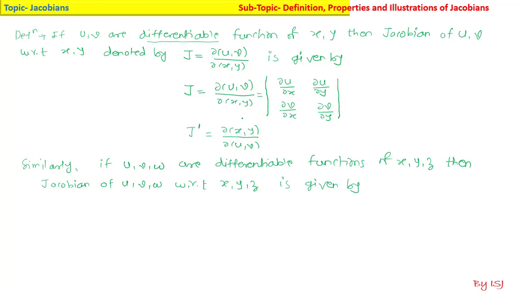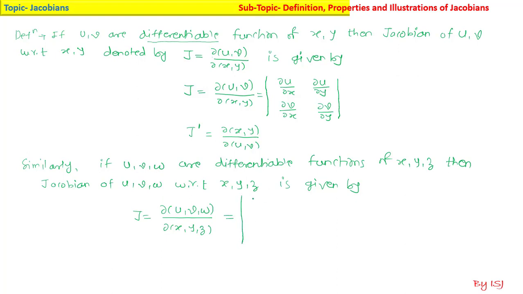Now obviously, if u, v in terms of x, y is a 2 by 2 determinant, here we have u, v and w in terms of x, y and z, so it will automatically be a 3 by 3 determinant. It is denoted by J, that is ∂(u,v,w)/∂(x,y,z), the Jacobian of uvw with respect to x, y, z.